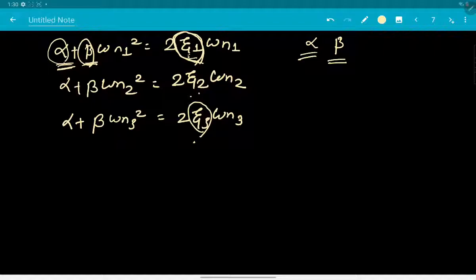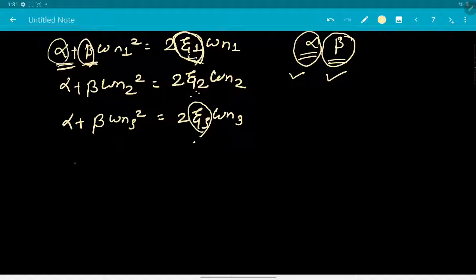You cannot specify this xi ratio for all mode shapes. You can specify it only for 2 mode shapes. You have to pick which 2 mode shapes you are going to consider, and accordingly you will obtain the values of alpha and beta. Then you will use the obtained alpha and beta to find out how much damping is there in the remaining mode shape.